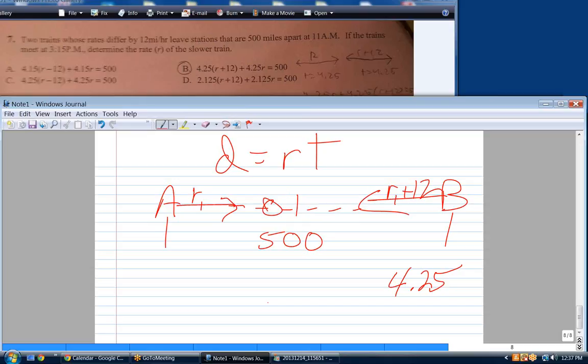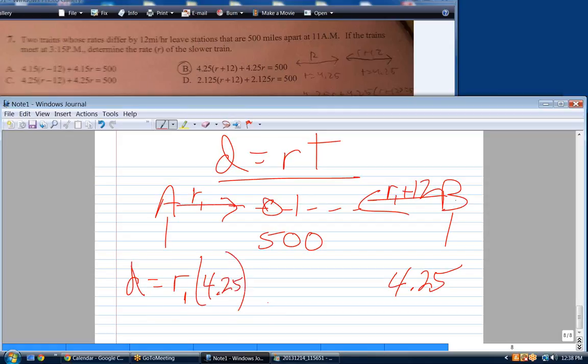So what can I say? Let's write two equations. The distance that the slower train goes, which is A, we'll call it D1. It's equal to its rate, R1, times its time, 4.25.